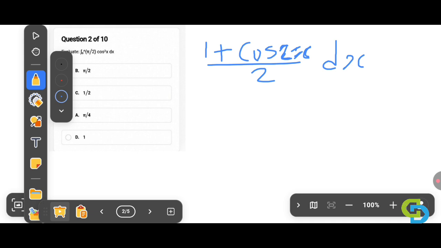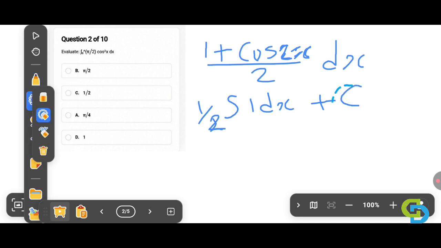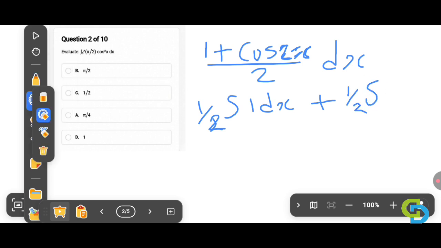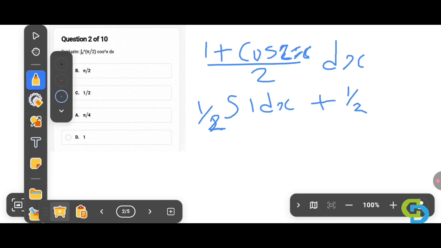It's cos square x dx, so we start with this. When we bring this in here, we have to separate it. So this now becomes 1 over 2 integral of 1 dx, plus 1 over 2 integral of cos 2x dx. So this is what we have.